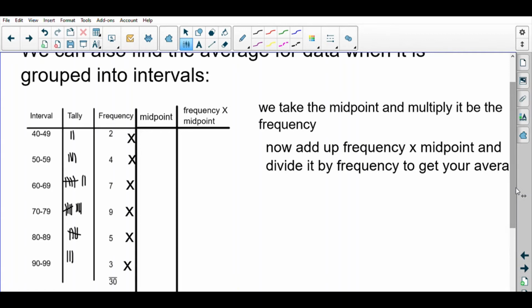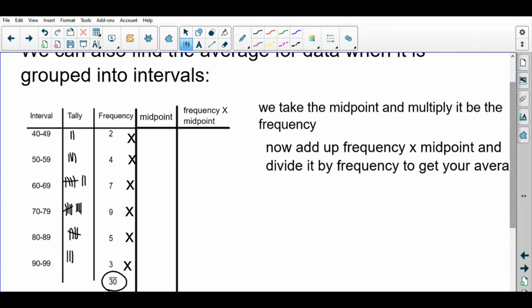There were 4 marks that fell in the interval of 50 to 59, 7 marks between 60 and 69, and we keep going until all 30 of our exams are accounted for. If we're going to solve for the standard deviation of values that are broken up into intervals, we need just one single x value, and that x value is going to be represented by the midpoint.